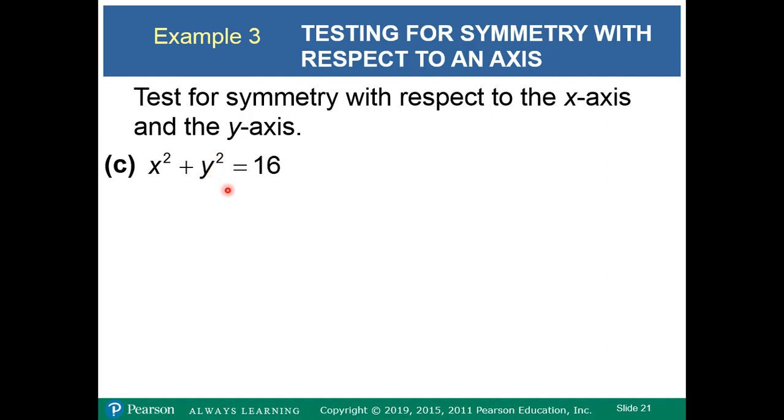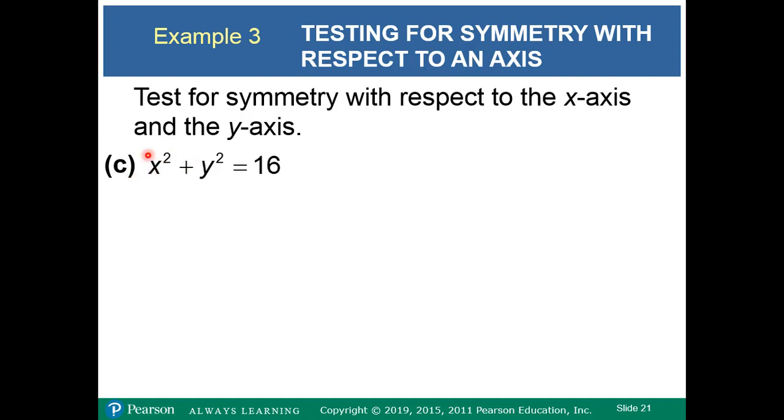Now, what about this one? Well, if you remember from our discussion of circles, this is an equation of a circle centered at the origin. And so this is definitely going to be symmetric across the x and y axes, but let's prove it, right?